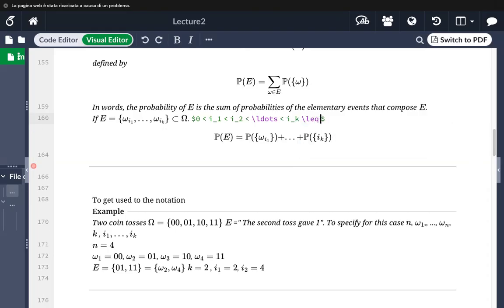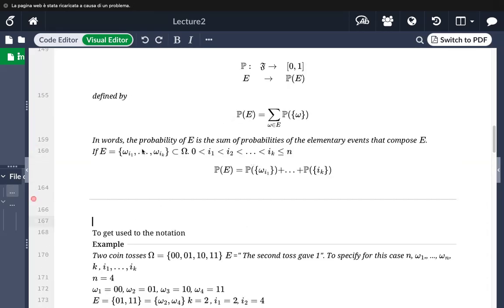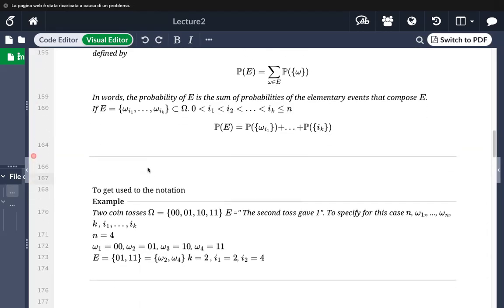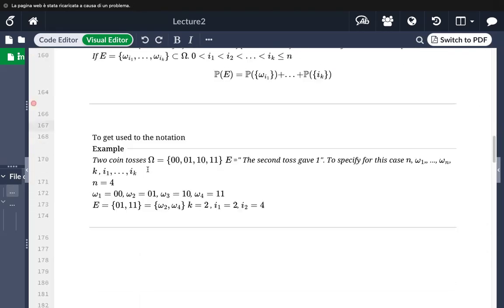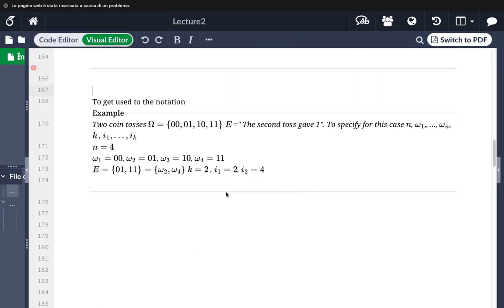So i1, ..., ik are a subset of indexes, and in this way you can write a general event. This is simply to get used to the notation. Now we can give a bunch of examples.